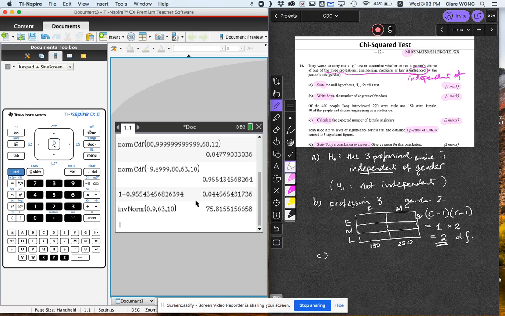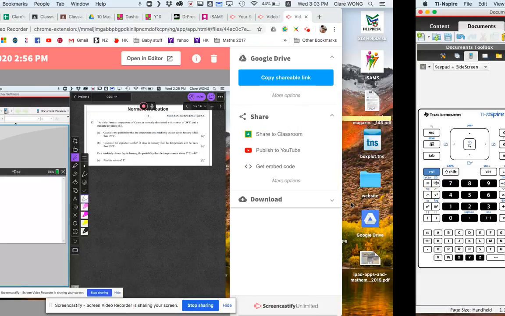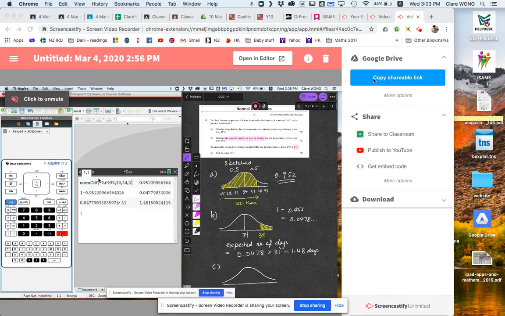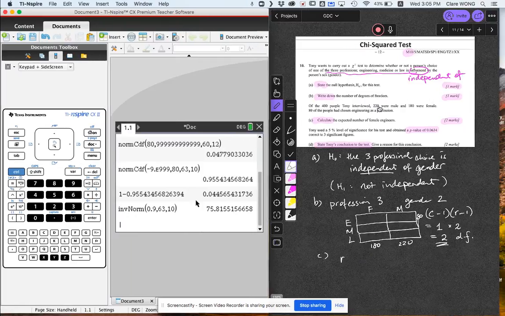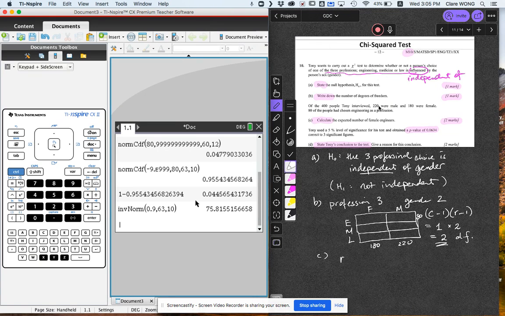One way of calculating the expected number is row total times column total divided by the grand total.